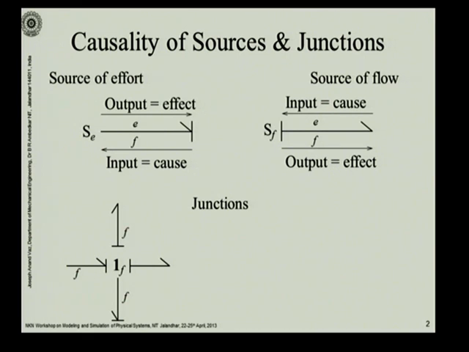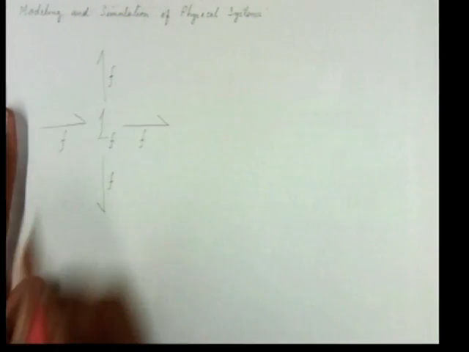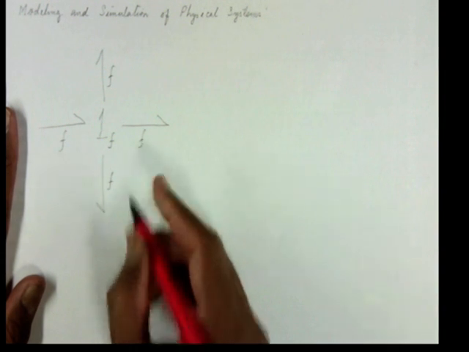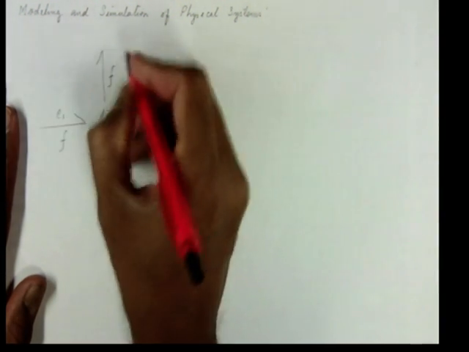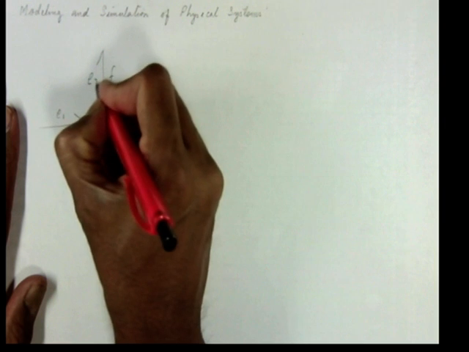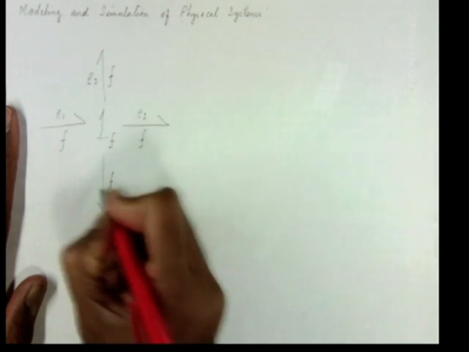So you can see that the flow in all these bonds is the same, but efforts are different. Efforts are all different, and let's see this. We have got here E1, E2, E3 and E4.